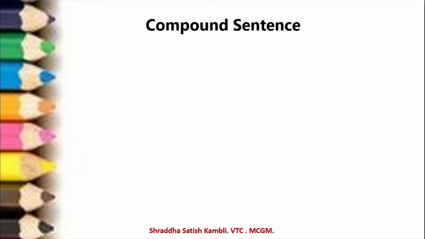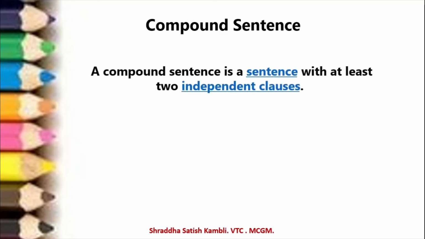So what is a compound sentence? It is very simple. A compound sentence is a sentence with at least two independent clauses. So what are independent clauses? Yes, they are simple sentences. So when there are two independent clauses or two simple sentences in one big sentence, then that is called a compound sentence.